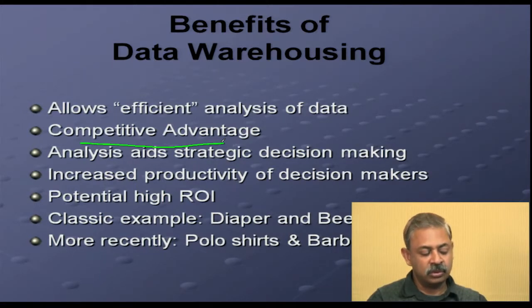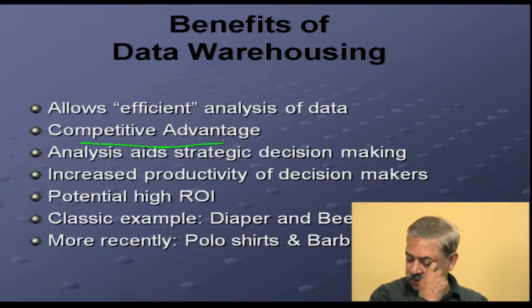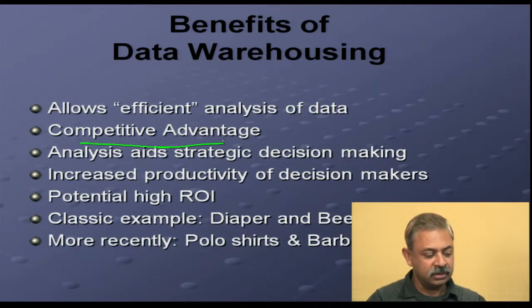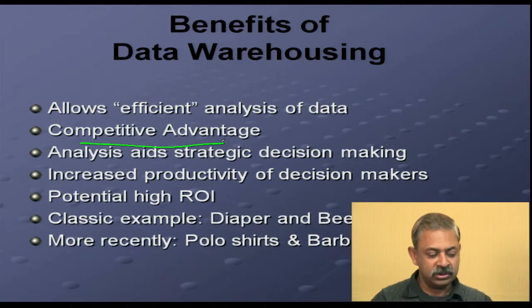A store like Walmart or some chain of stores found out that there was a very high incidence of people buying polo shirts and Barbie dolls together. The management was not very sure why this kind of pattern had emerged, or why there is this correlation between sale of polo shirts and Barbie dolls.